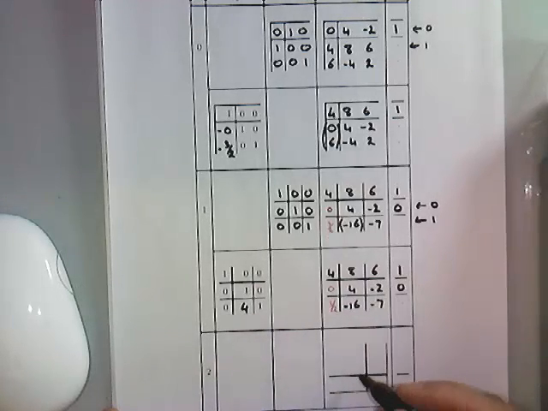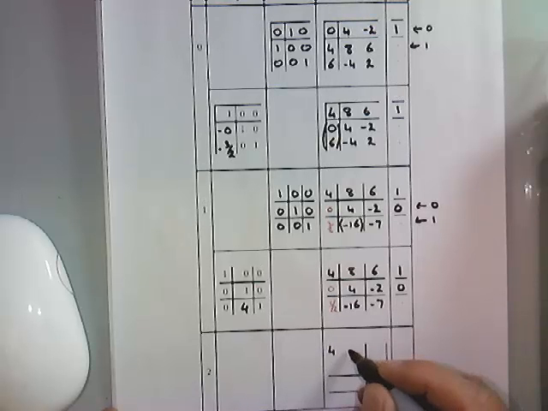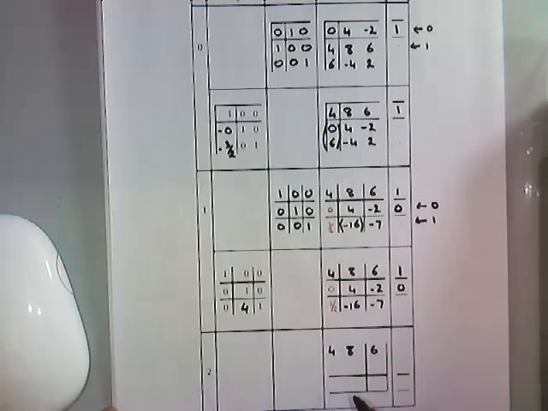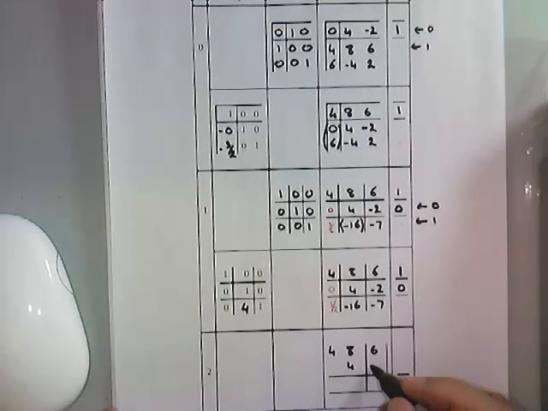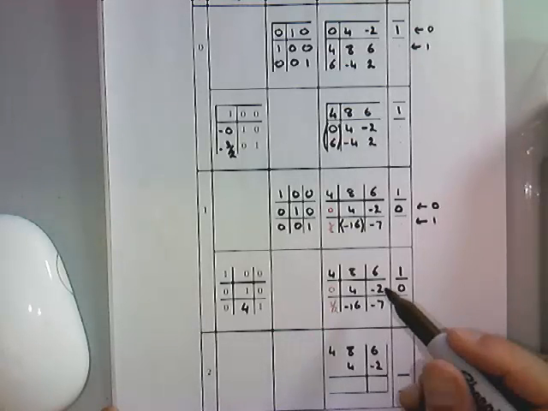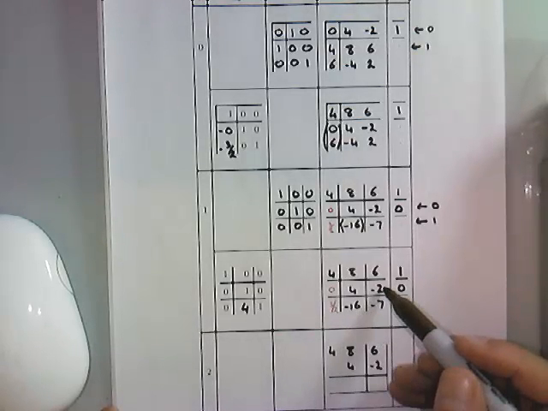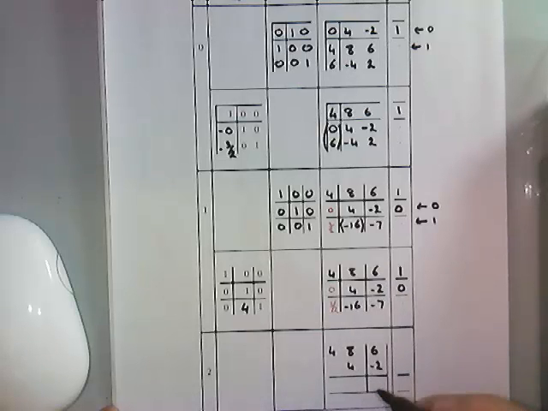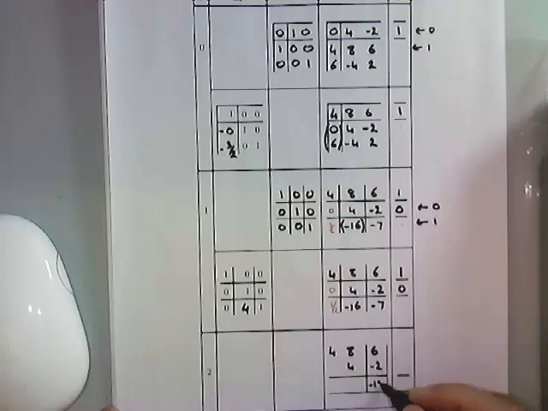And then down here we get the new matrix 4, 8, 6, 4, minus 2. This better become a 0, but we're going to put the multiplier there, so we'll leave it alone. And now we need to do 4 times minus 2, which is minus 8, to which we add minus 7, which is minus 15.